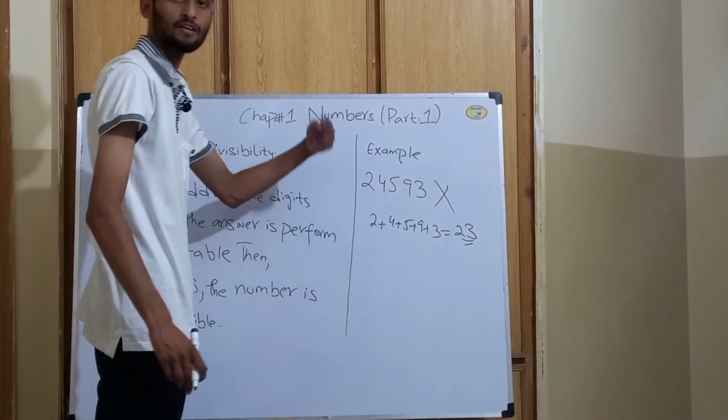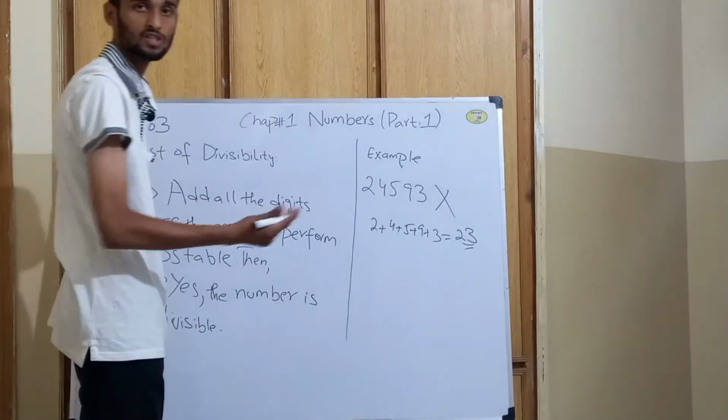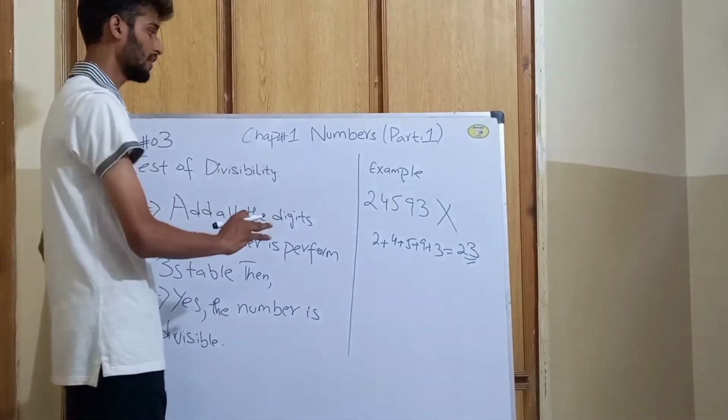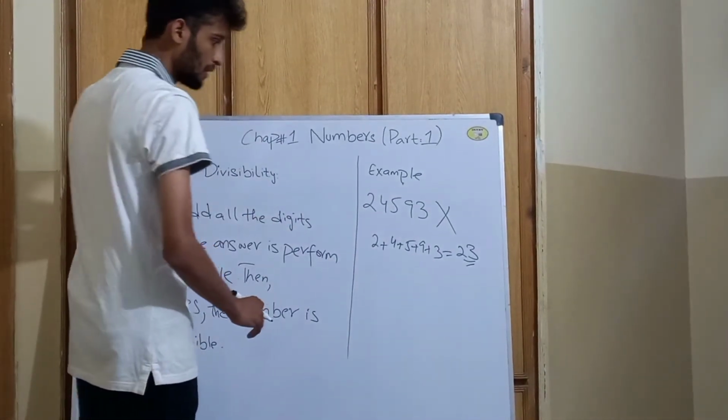So let's see another example and check whether the answer is from the 3 table and whether that number is divisible by 3.